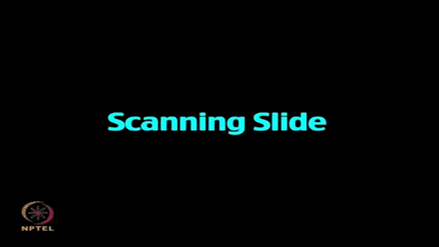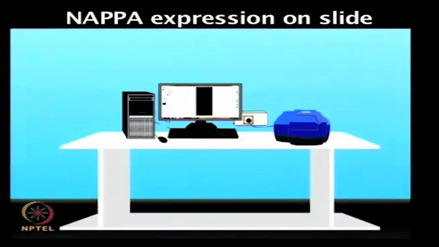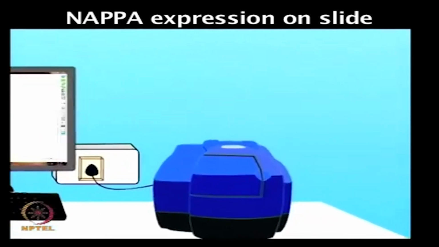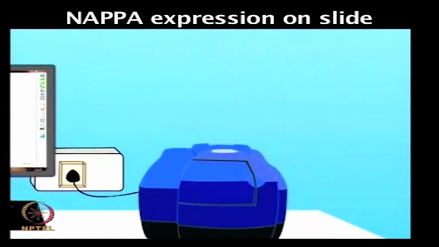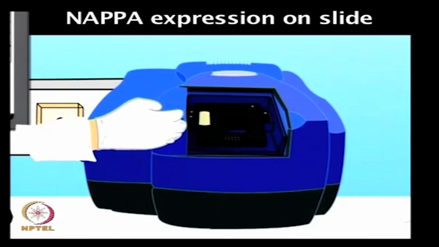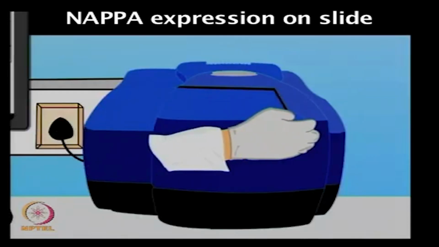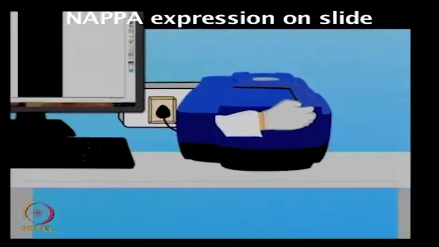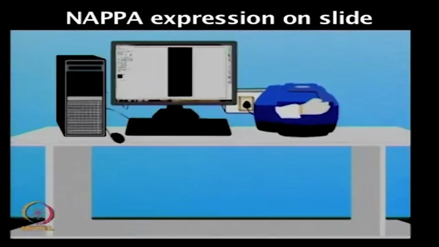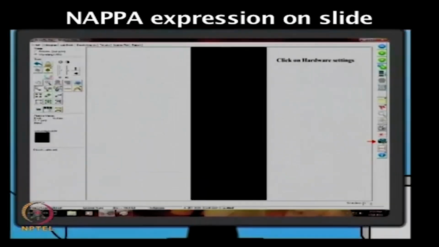Now, we will see an animation for scanning the slides. Whether you have done the QC experiment of DNA detection or protein expression, now you need to scan the slides. There are different types of scanners available, including automated ones, in which multiple slides can be scanned in an automated way.